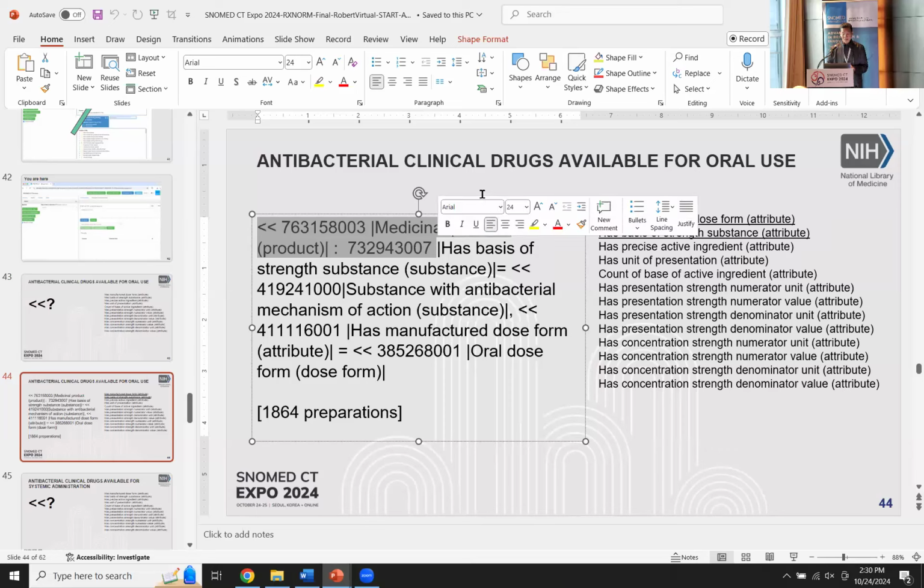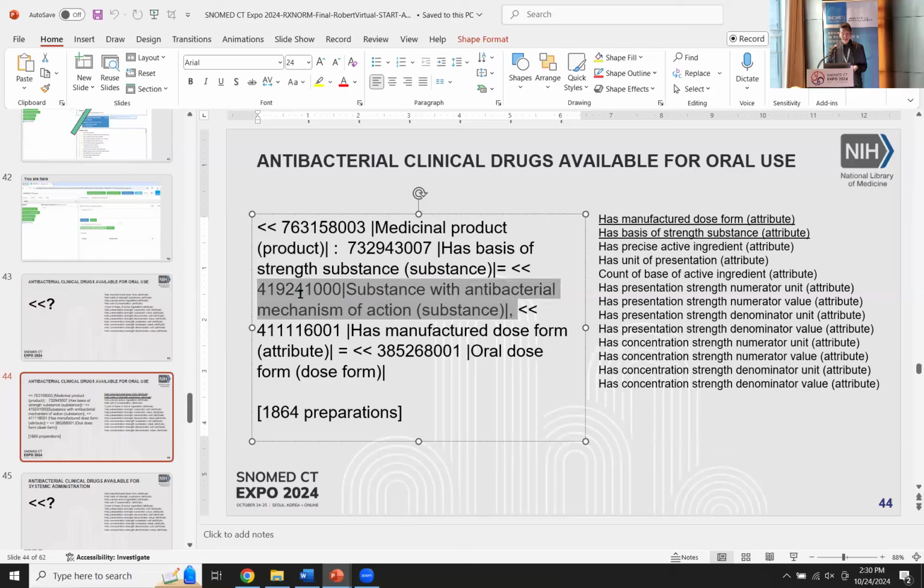And in order to look for antibacterial drugs, we have to say, first of all, how can we identify drugs that are used as antibacterial agents? Because in SNOMED, there's this grouper that is based on the mechanism of action of the drug, which is substance with antibacterial mechanism of action. So we added this refinement.